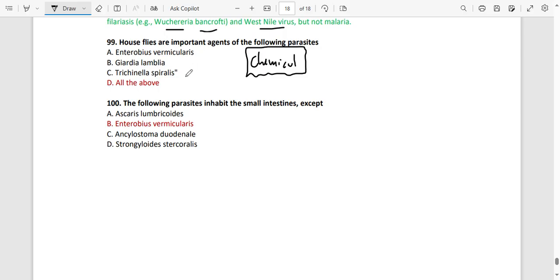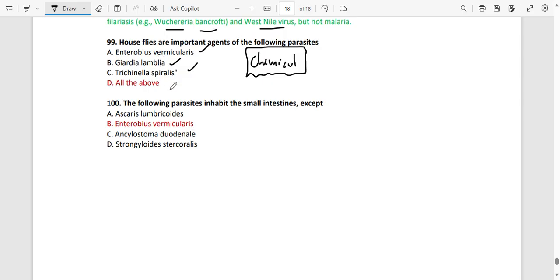So for example, there is dirt somewhere. The flies can go and touch there. Whatsoever parasite is there, they can carry it. They go and step on the food and leave it on food. That's how it spreads. So Enterobius, Giardia, Trichinella, any parasite.